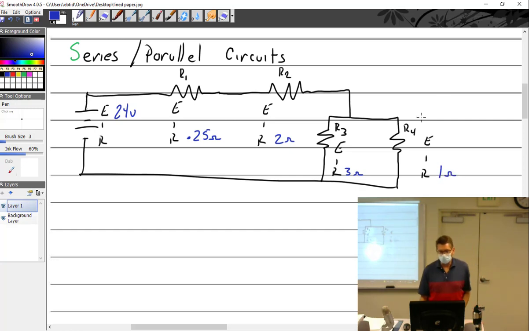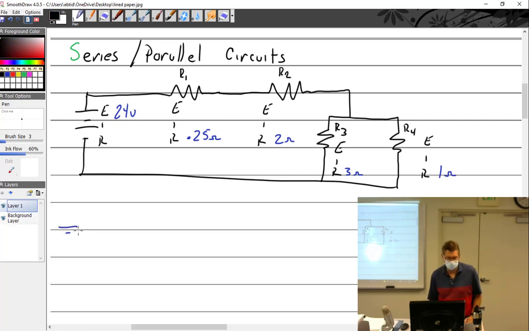All right, so to solve something like this, you have to make it into either a series circuit or a parallel circuit. You can't leave it as a series parallel. Looking at this, and most of them, it makes most sense to make it into a series circuit. And this one certainly does. So what I would simply do is rewrite this.